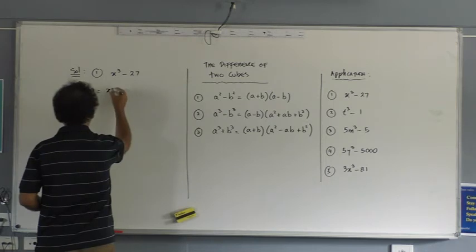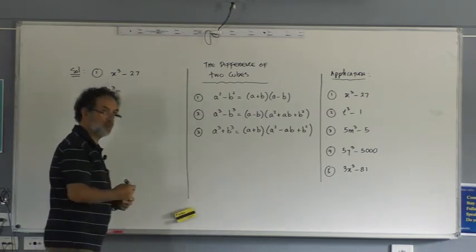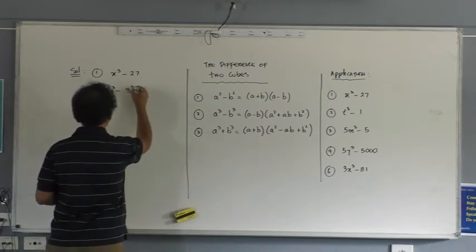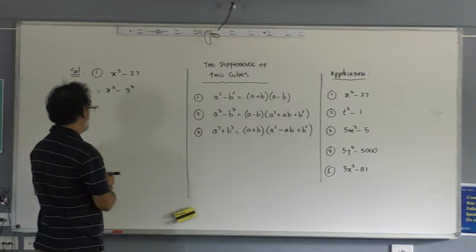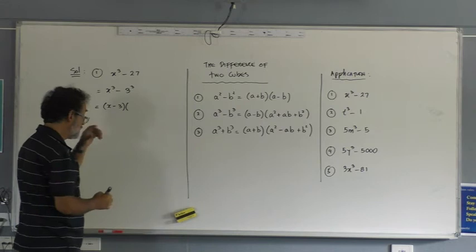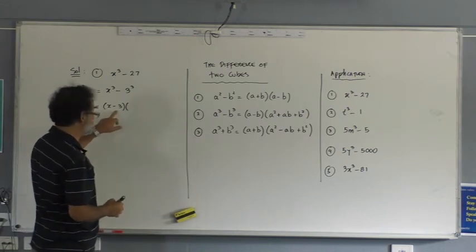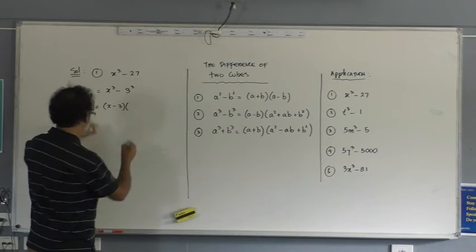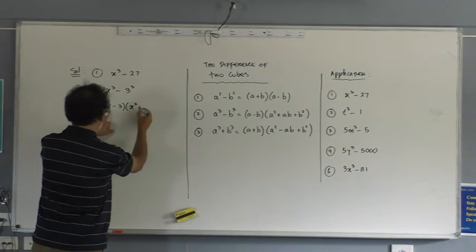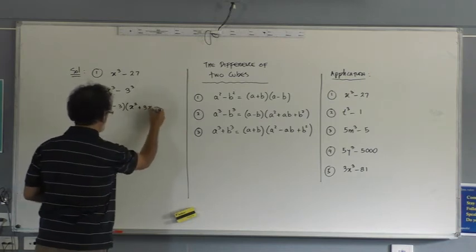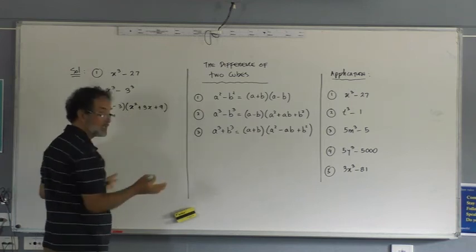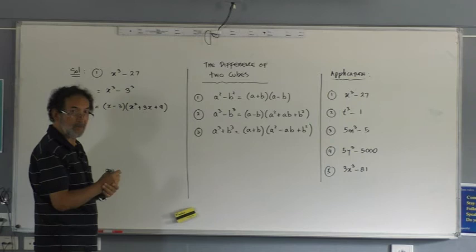And then it's going to be x cubed, and then you find the cube root of 27, which is 3. Okay, so you're going to put 3 cubed. Okay, and then you're going to use the formula. So the formula say, well, you put x minus 3, and in the inside you square the first term. And then they say plus the first by the second, so it's going to be 3x. And then square the last one. So it's going to be plus 9. That's it. That's all you have to do. Easy enough? Yeah. I think so.